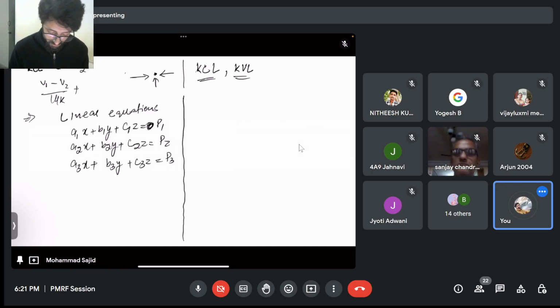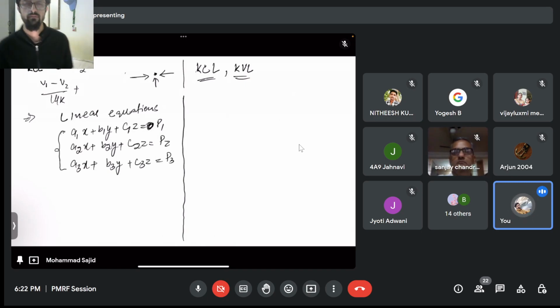Now you have to solve these equations, right? You will always find these types of equations at the end of KVL and KCL. Many people get x in terms of y and z, solve two equations, then substitute into the third equation to get the answer, right?